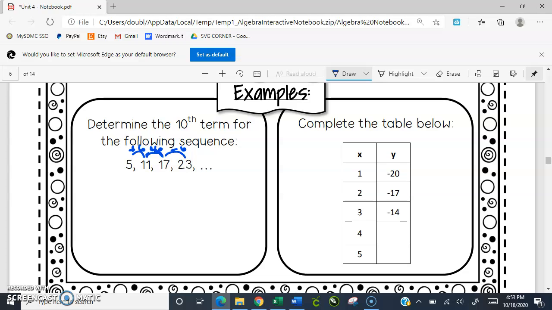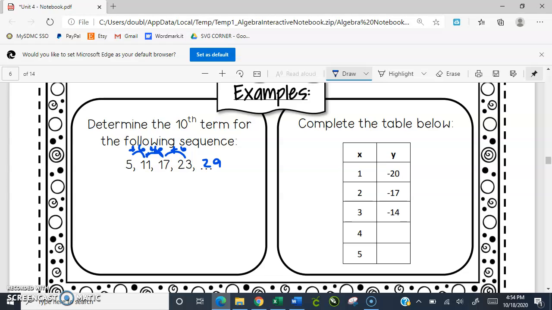So we know our common difference is 6. So 23 plus 6 gives us 29. So that's our fifth term.